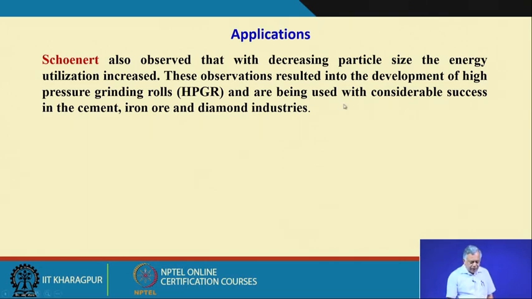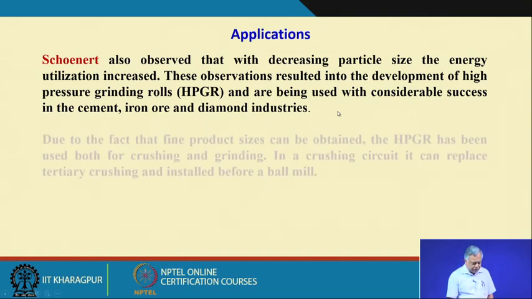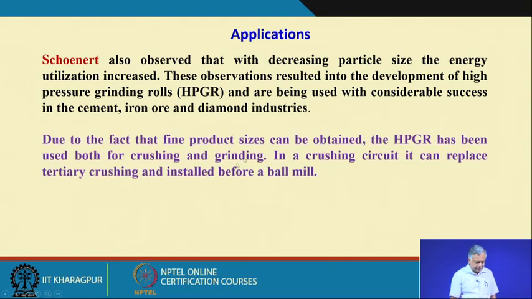It is a burning topic for comminution engineers and scientists. Due to the fact that fine product sizes can be obtained, the HPGR has been used both for crushing and grinding.